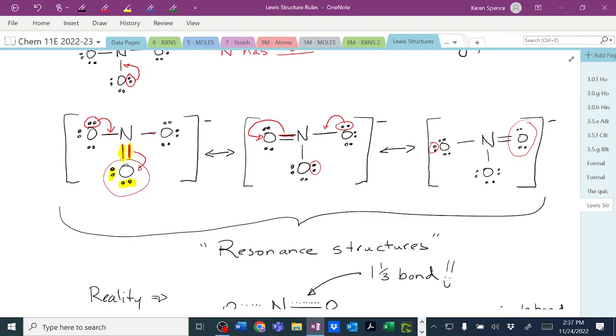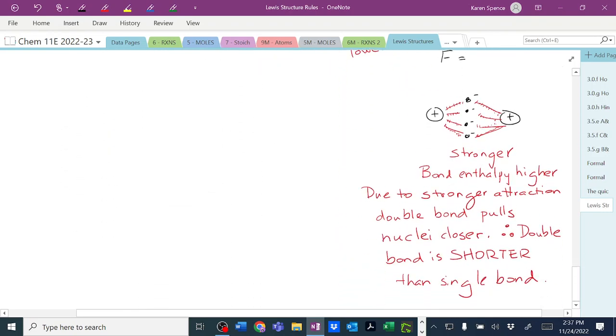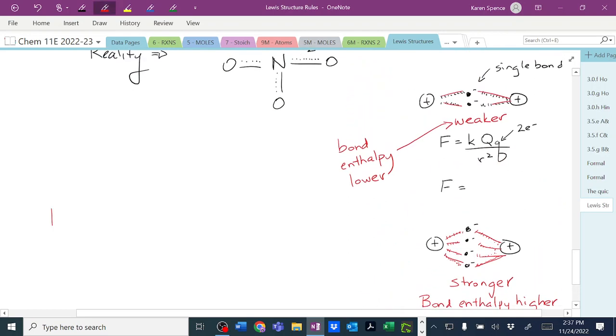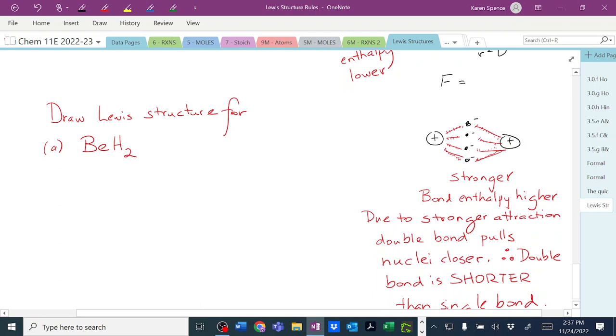Have I given you guys the actual worksheet that says Lewis structures worksheet? No, I don't think I have. So I am going to print that for you. And while I do that, you are going to draw the Lewis structure for BeH2.